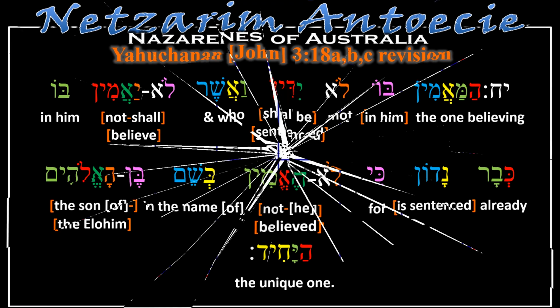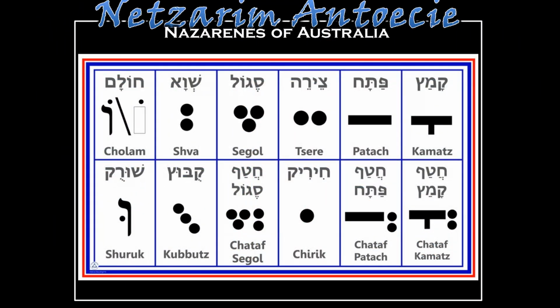And then we finally come, at the end of this, again to the vowels because we need to remember them. Kamatz, again, ka, it's got a longer A sound, and then we have pa, and we can hear it, patach. So pa is like a short A sound, and then we have tzere.